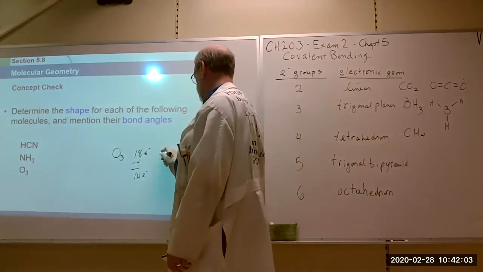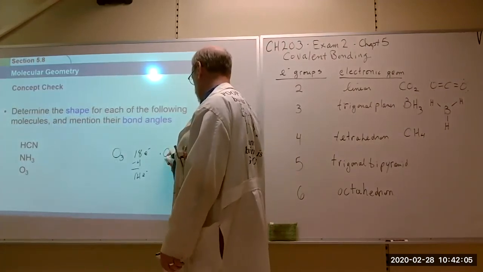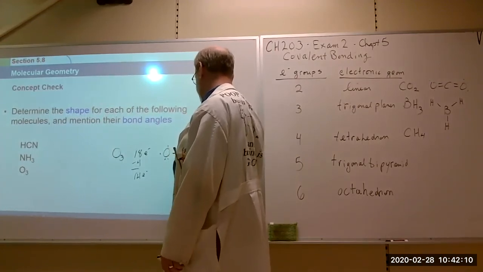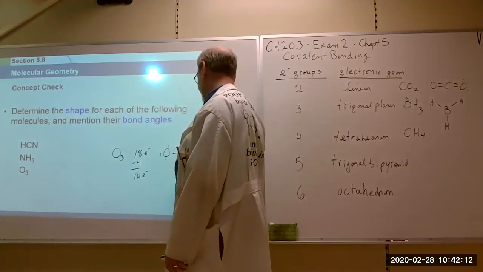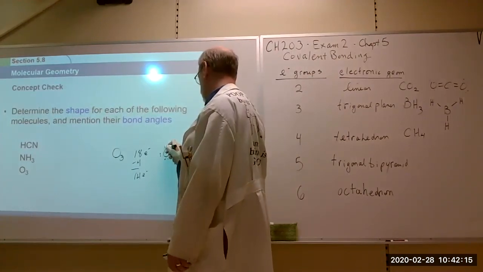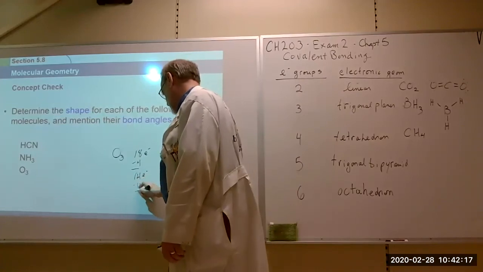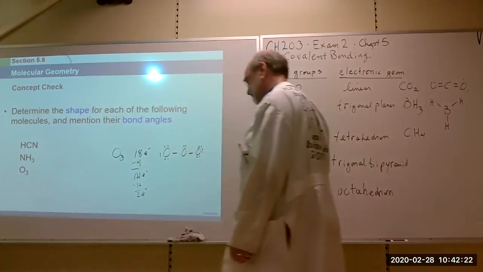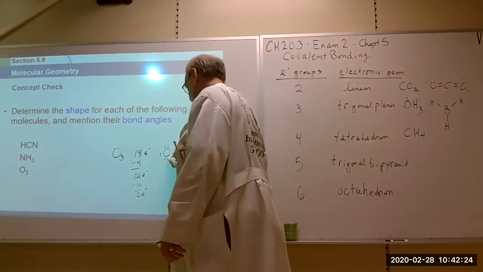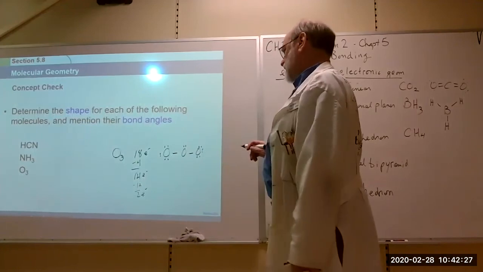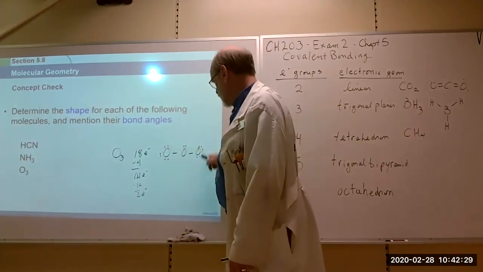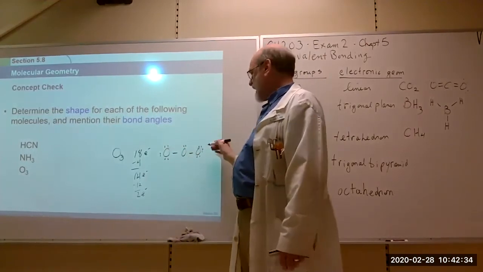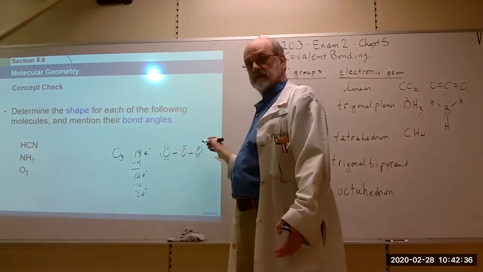So 1, 2, 3, 4, 5, 6, 7, 8, 9, 10, 11, 12. Got 2 electrons left. So those will have to go in here. Okay. So these 2 have octets, that one doesn't. So how are we going to make an octet here? We scavenge a couple from one of either side, right?